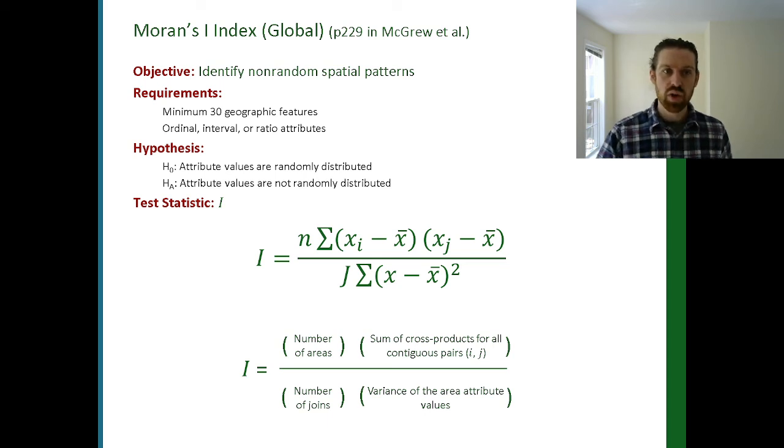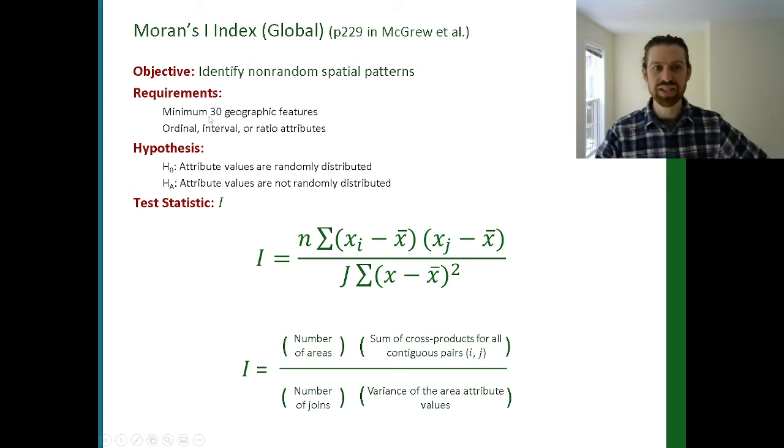The objective here is to identify non-random spatial patterns, some degree of autocorrelation within our data points. We would expect to have at least 30 geographic features, and those features could be ordinal, interval or ratio attributes, but they can't be categorical.